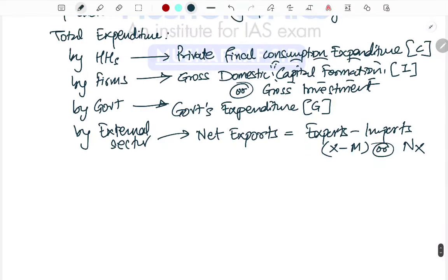So if we take all these things: the private final consumption expenditure, that is C, plus capital formation or investment, that is I, and the government expenditure, that is G, and the net exports, that is NX, what will we get here? We will get GDP at market price. How GDP at market price?